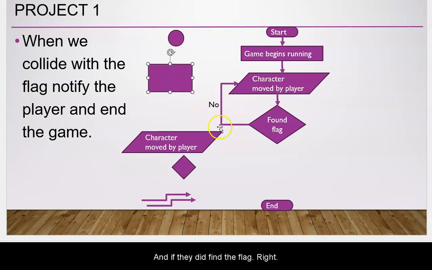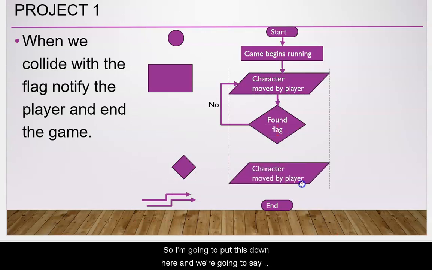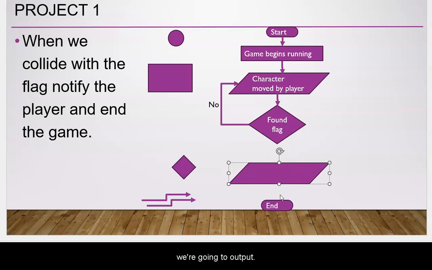And if they did find the flag, then you need to output to the user. So I'm going to put this down here, and we're going to output you win.